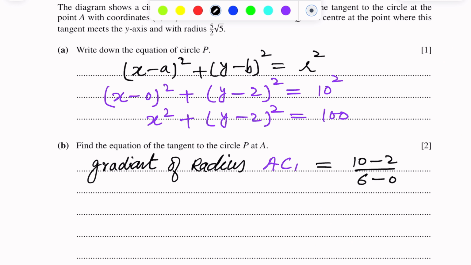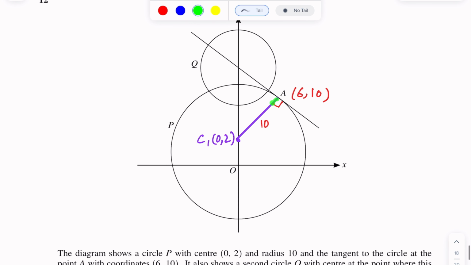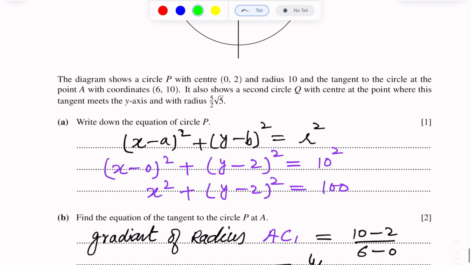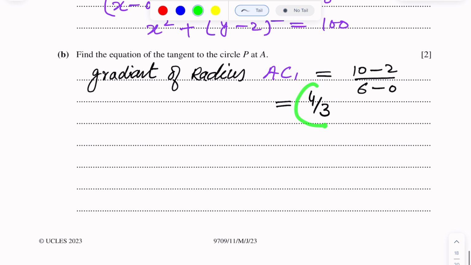So we get the gradient is 4 over 3. This is the gradient of the radius. But actually we need the gradient of this tangent, because we have to find the equation of this tangent. Tangent line is perpendicular to this, so gradient will be the negative reciprocal of 4 over 3.